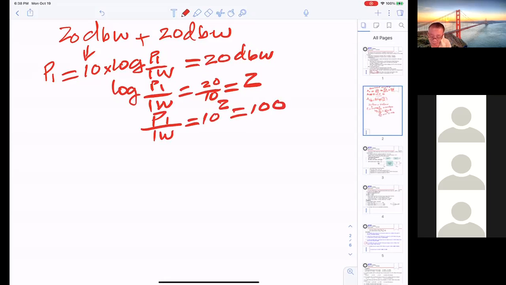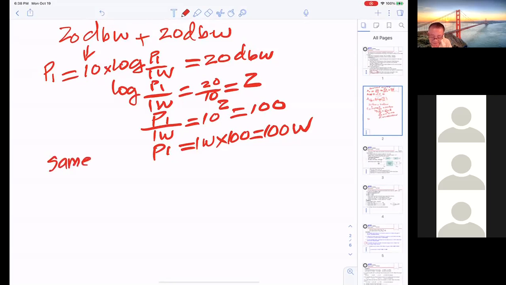So P1 equals 1 watt times 100. Okay? And the same way, you can calculate for P2. P2 also 100 watt. And now you add it.